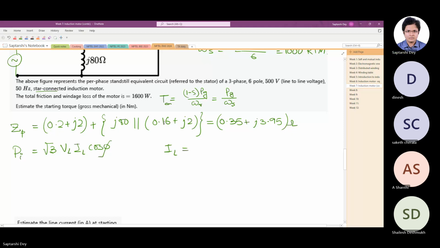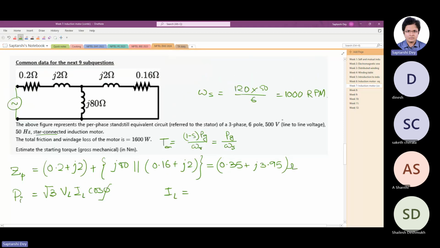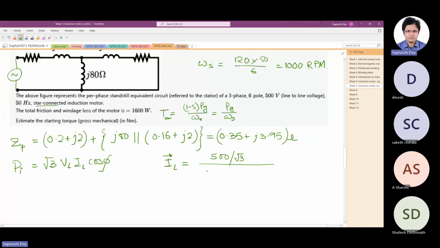IL is 500 volt, line to line they have mentioned. Even if nothing is mentioned, it is line to line for a three-phase system. Now this divided by 0.35 plus J3.95 ampere.